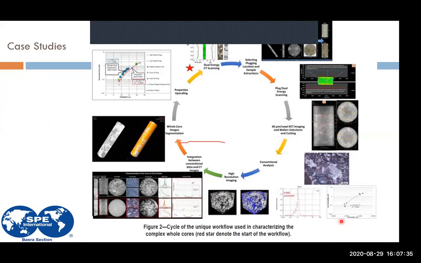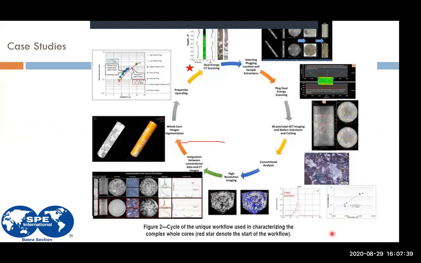Then you can select the location of your plugs to be extracted. It's really interesting because you can perform this kind of digital plugging. You can select a region where you see there is no fracture, and it's not so heterogeneous, because then you can select this sample for SCAL measurements that you can perform to correlate with your own digital results.